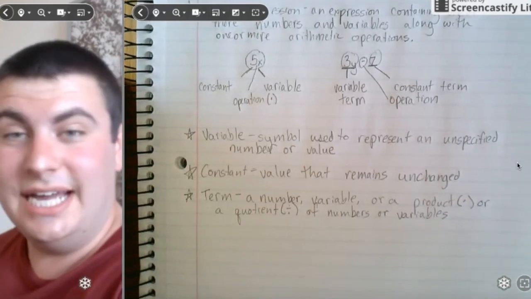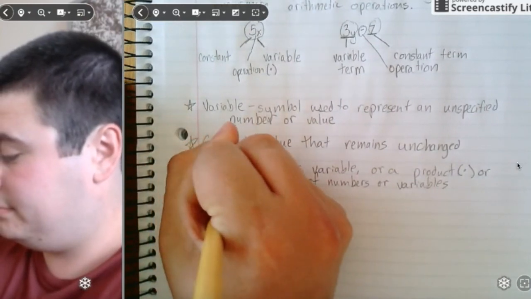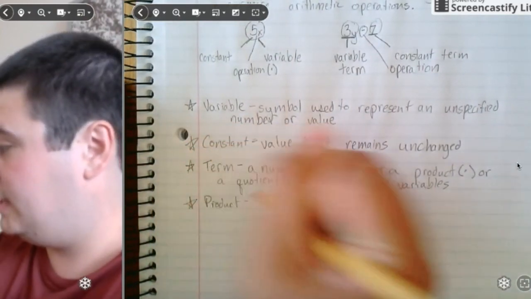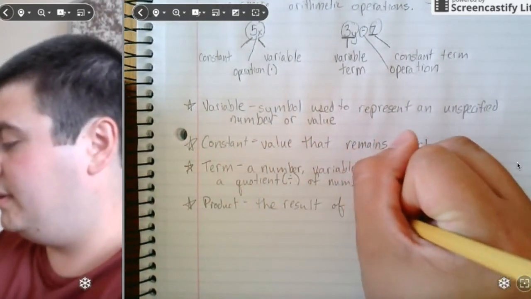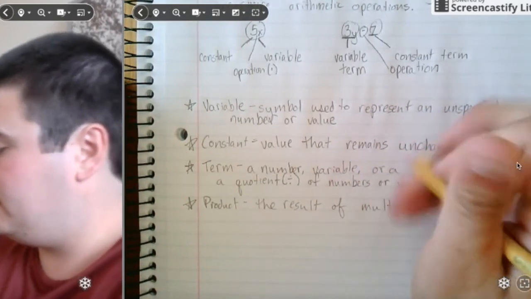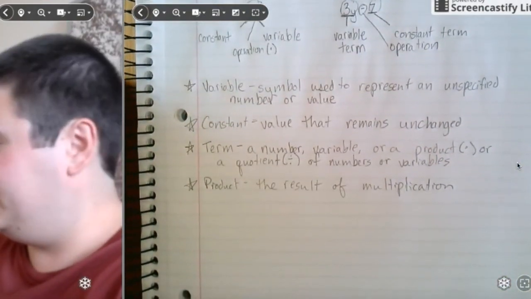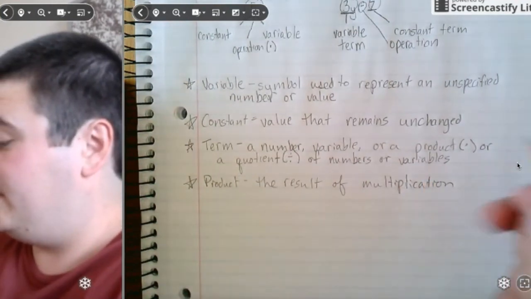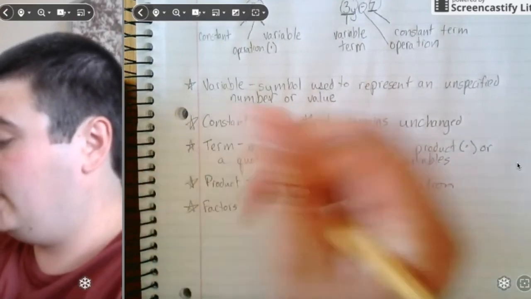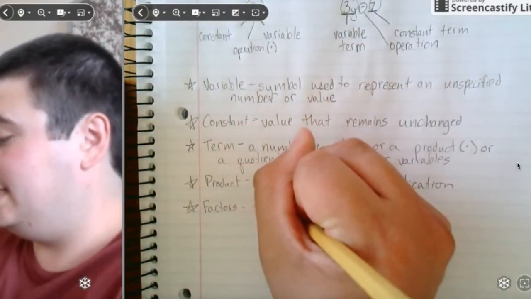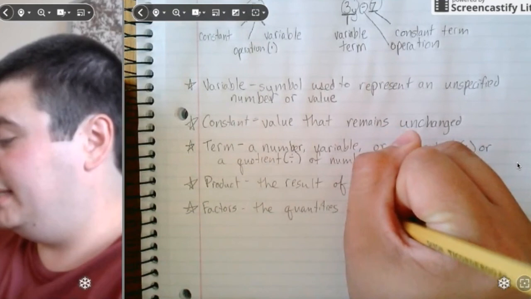Let's get some other terminology out. I've kind of hinted at this, but a product is the result of multiplication, and we call them factors, which is the quantities being multiplied.